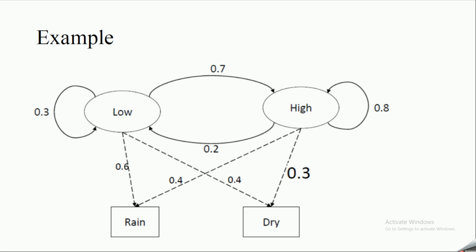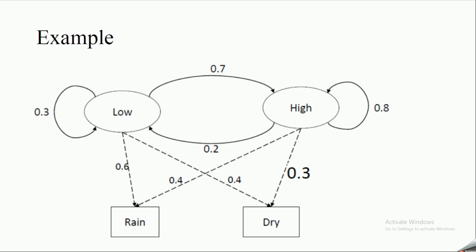If you see the state transition diagram over here, you have two states, low and high, along with the transition probabilities which are shown by solid arrows. In square boxes, you can see the two observations, rain and dry.